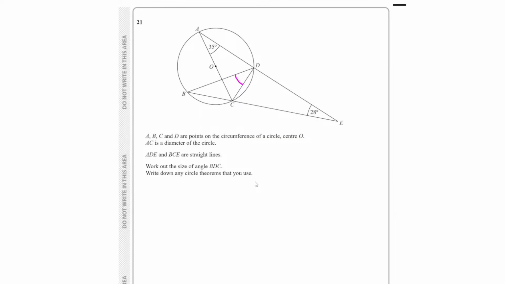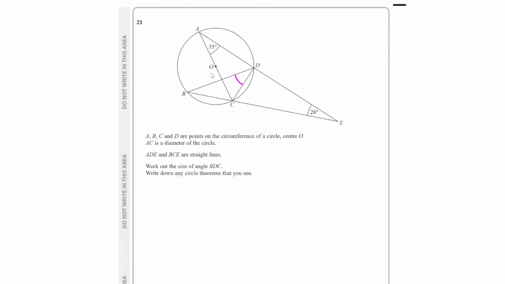So what I did with this was, I mean, they won't give you information you don't need. So we need to use the 35 and we need to use the 28, right? I feel like that helps me when I do circle theorems. So 35, what can that tell me? There's loads of different ways to do it actually. Circle theorems you can normally do in multiple different ways, but the way that I found was 35.